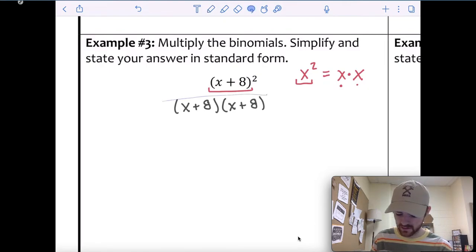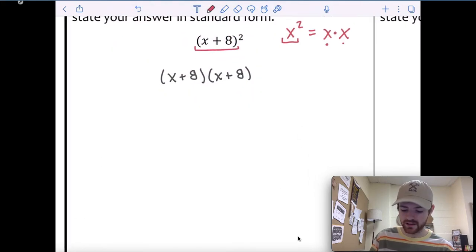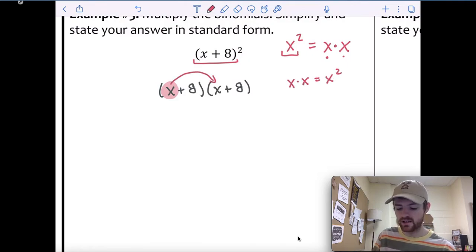Let me give myself a little more room. Then we just follow through with the same process. We take our x, and x times x is x squared. X times 8 is 8x.